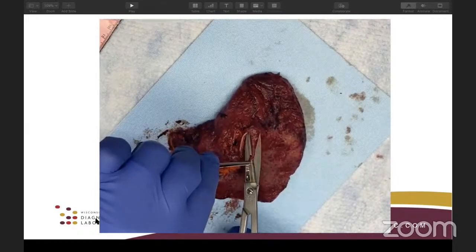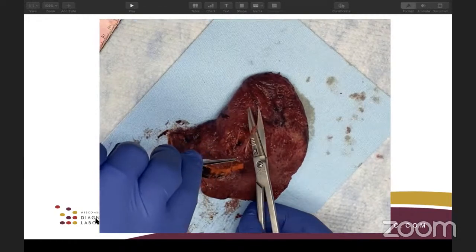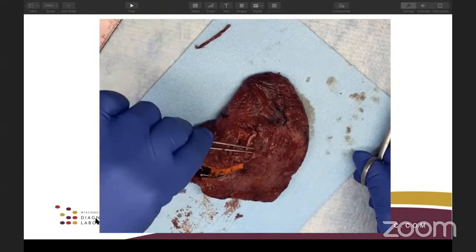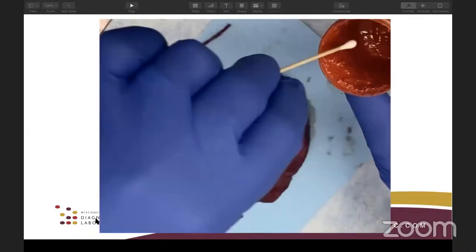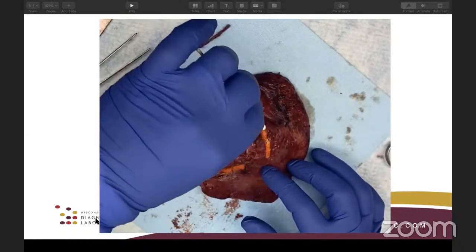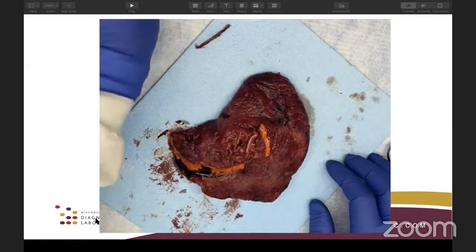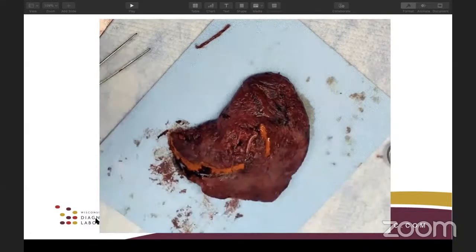So I'll do the same thing, trim off the staples, and then ink the exposed tissue underneath. Again, cover it with mordant and dry it off.